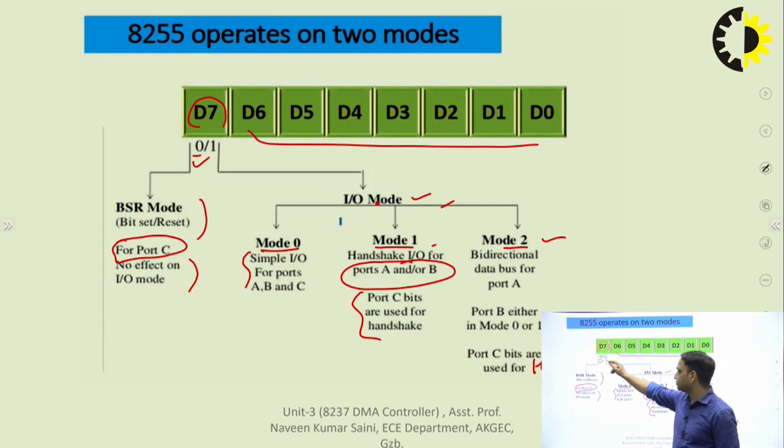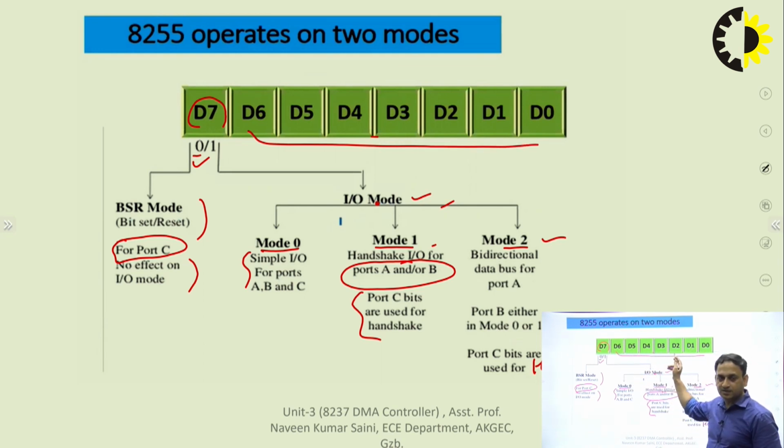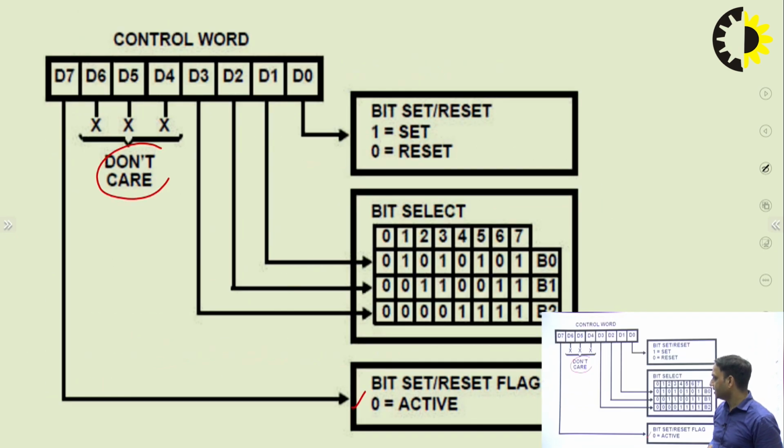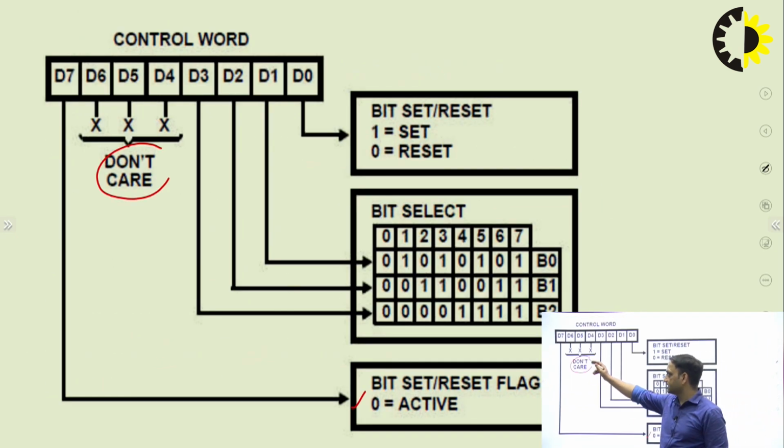If it is 0, these bits will separately function in one way. If it is 1, then these bits separately perform another task in another way. So if D7 is 0, this is the bit set reset mode, and in this case D6, D5, D4 are don't care bits which may be used in further uses.